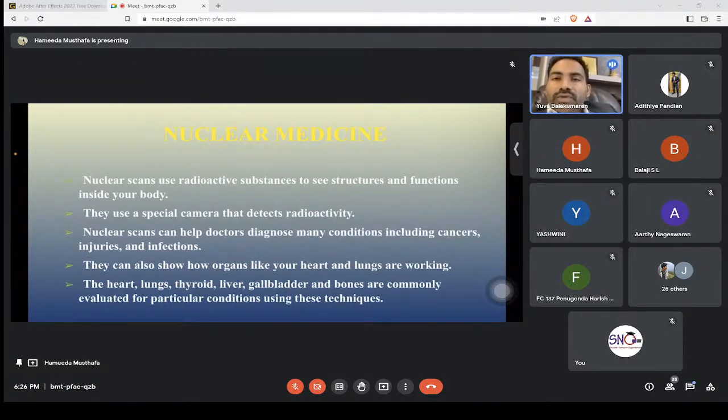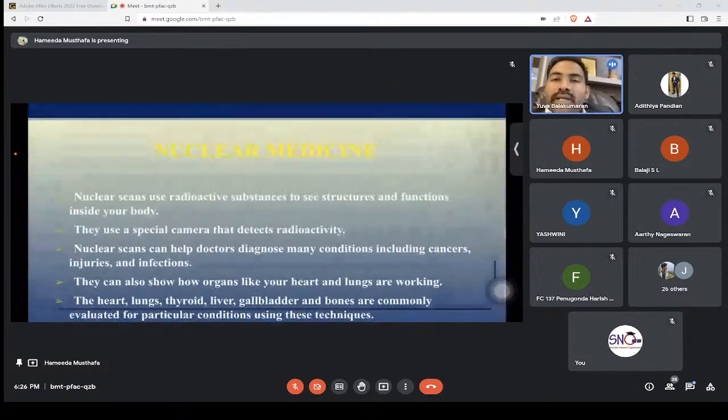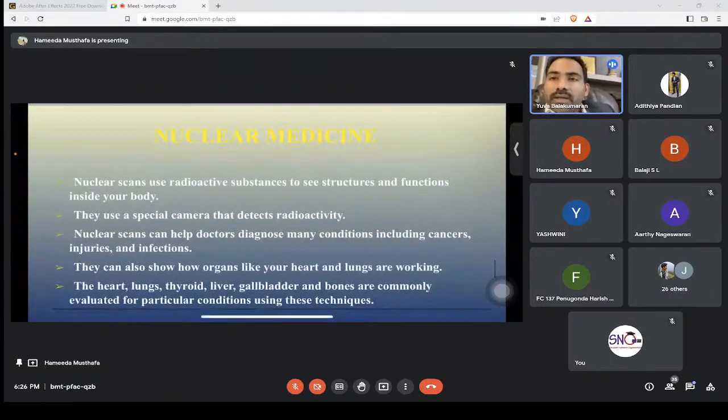These scans can help doctors diagnose conditions. Heart, lungs, thyroid, liver, gallbladder, and bones are commonly evaluated for particular conditions using these techniques.